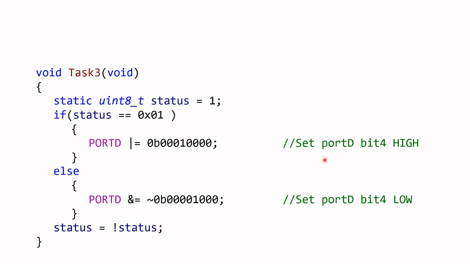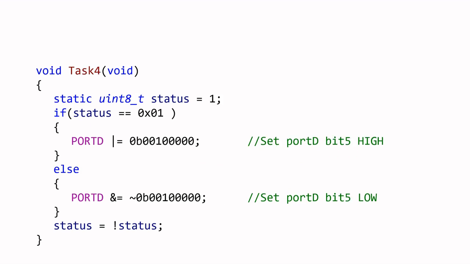Then task 3 will turn bit 4 on, and task 4 will turn bit 5 on. The tasks are basically identical except for the bits that are being used in the task.